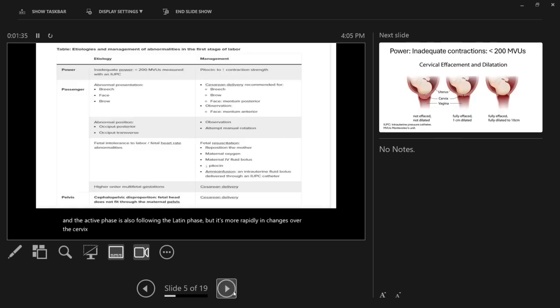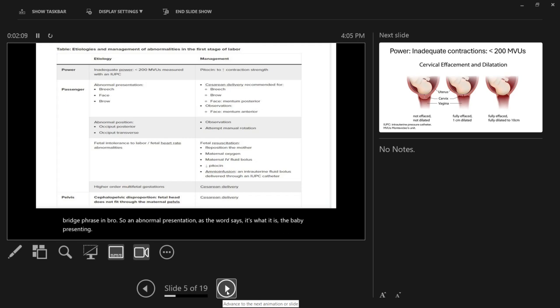So in the first stage of labor, we are going to have different etiologies or causes that have to do with the power, which is the inadequate number of contractions per minute, or those that have to do with the passenger, with abnormal presentation, like for example breech, face, and brow. An abnormal presentation, as the word says, is what the baby is presenting.